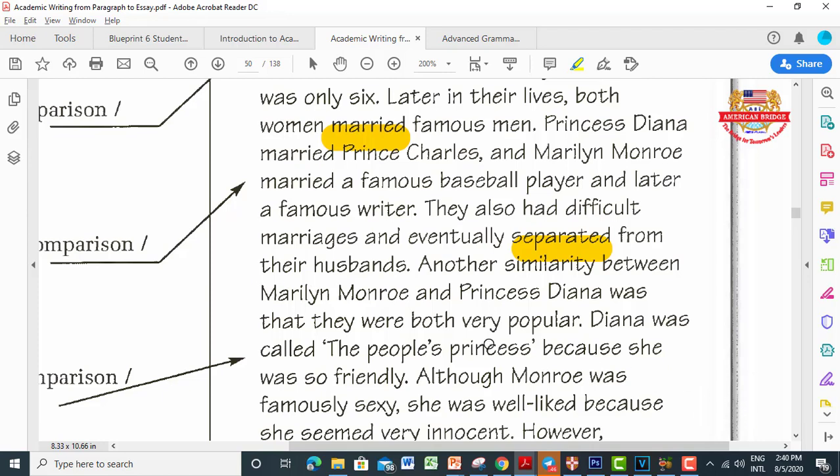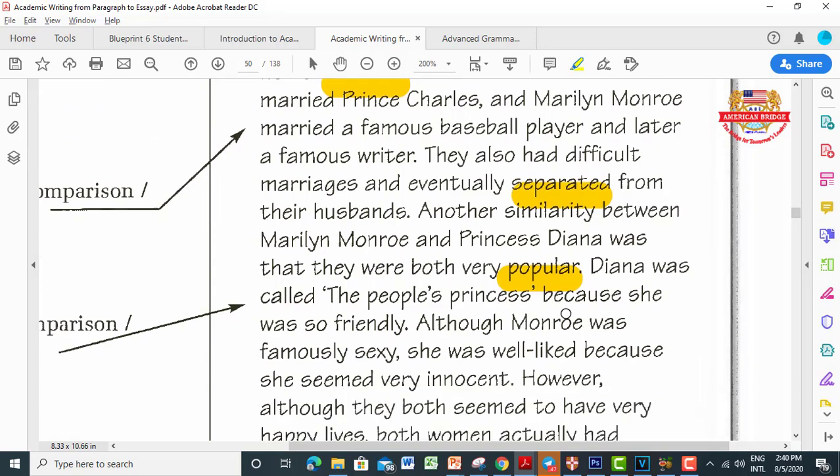One more thing, they are popular. Diana was called the people's princess, because she was so friendly. Although Monroe was famously sexy, she was well known because she seemed very innocent. Okay.